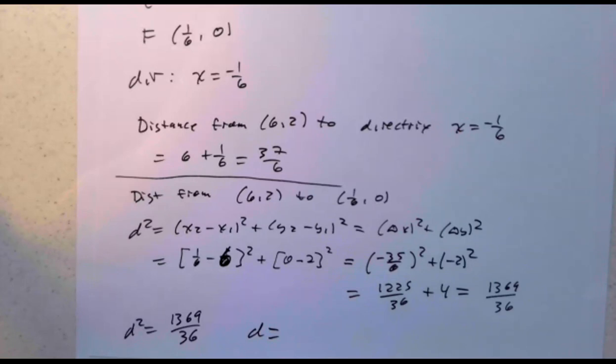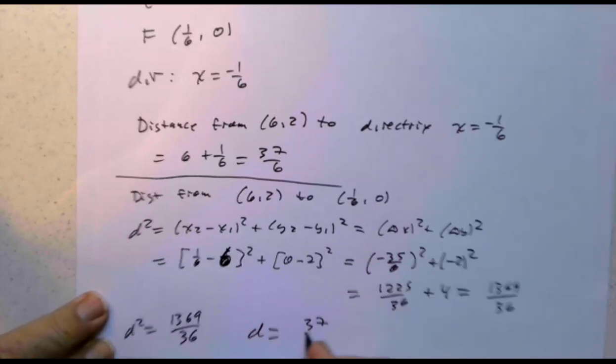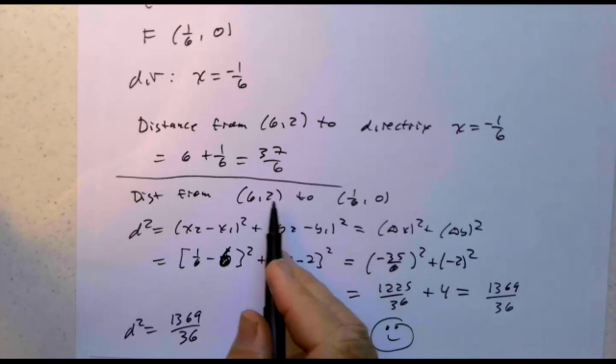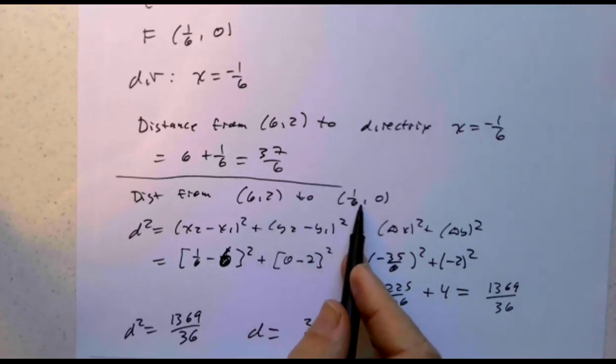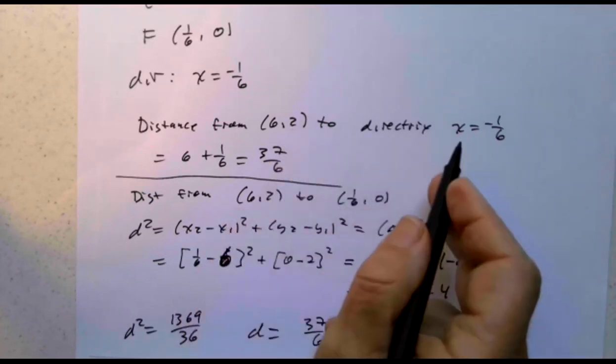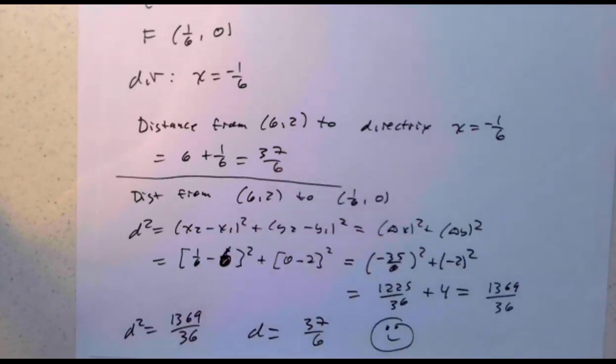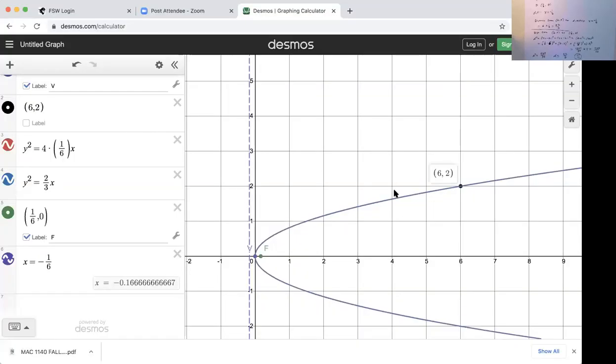Indeed, I get 37/6. 37 squared is 1369, 6 squared is 36. That makes me very happy, because the distance from the point to the focus is the same as the distance from the point to the directrix, which is what it has to be. That is our definition of the parabola: the distance from the point to the directrix is the same as the distance from the point to the focus.